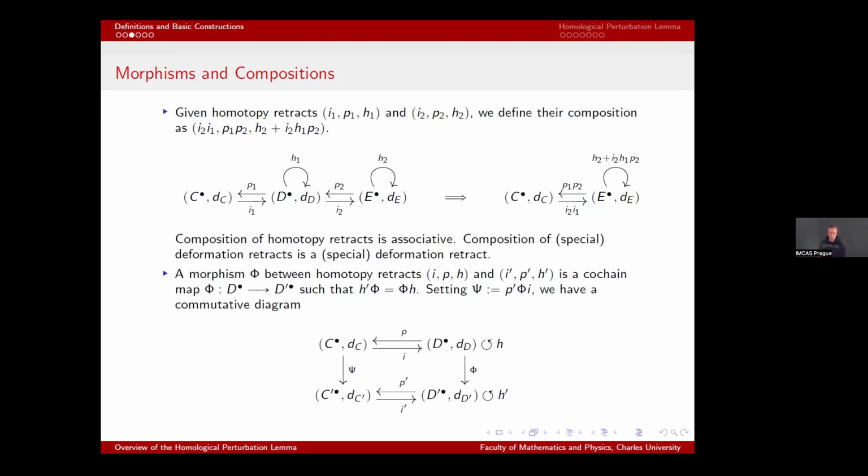So given two homotopy retracts, the rows of this diagram, a morphism is a map which, after a long contemplation, I decided to name phi, which commutes with the two homotopies. And then it actually induces a map between the chain complexes C and C prime, just by going this way, then applying phi, and then going this way.